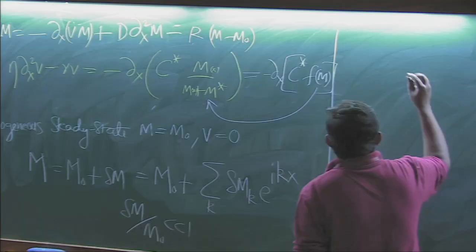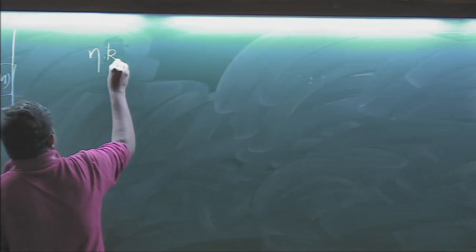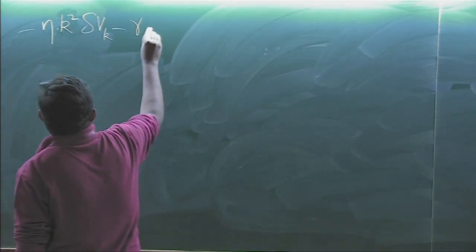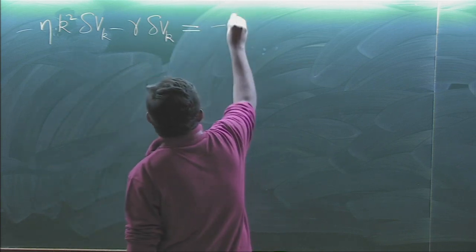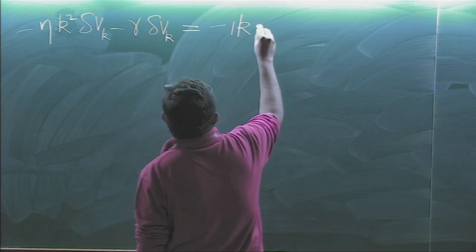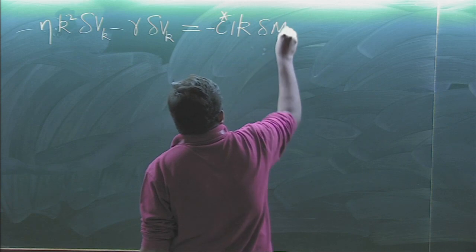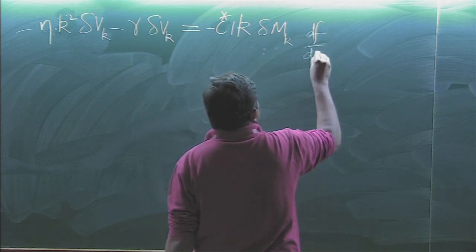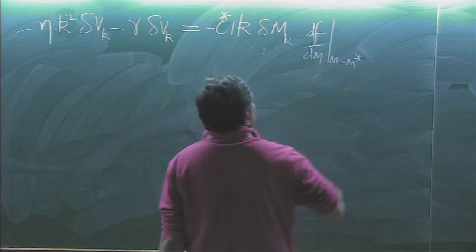If you do a linear stability analysis at the linear level, you'll find that eta k square delta Vk plus gamma delta Vk equals minus Ik C star delta m times df by dm evaluated at m equal to m star.